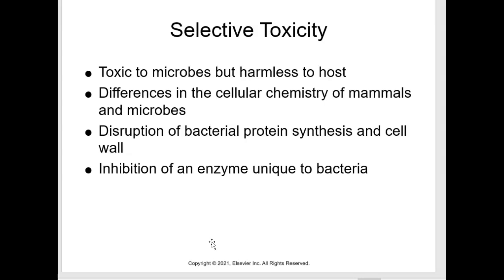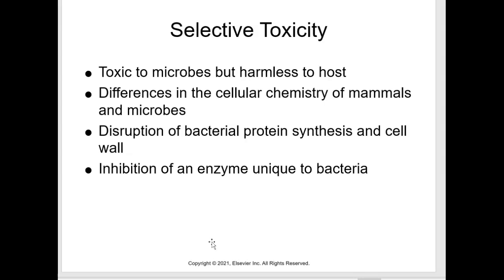Selective toxicity in terms of antimicrobials indicates the ability of that antibiotic to kill the microbial pathogen without causing injury to the host. That is how antibiotics are valuable. If they did not have selective toxicity, they would have no therapeutic utility.